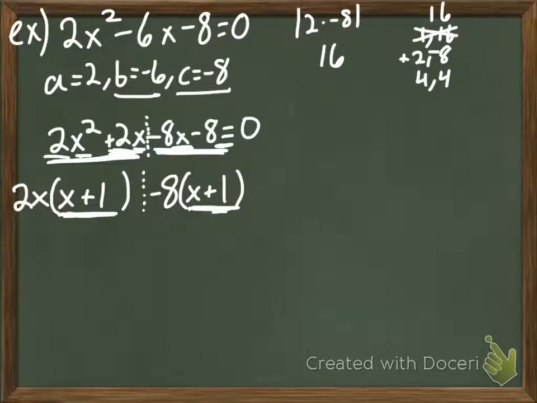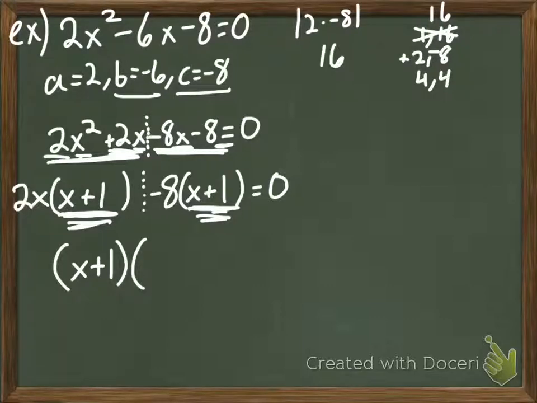Now the next step after this is we still need to keep our equals 0 here, sorry. Our next step is to make our two parentheses. Our first parenthesis is going to be this common parenthesis, whatever they have in common. So they have an x plus 1. Your second parenthesis is what is left over.